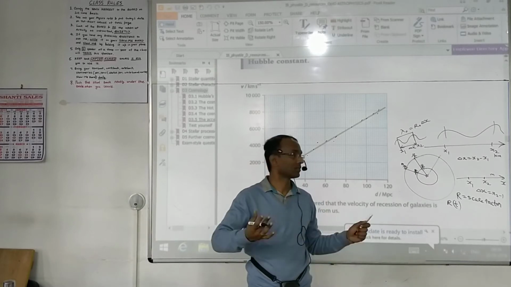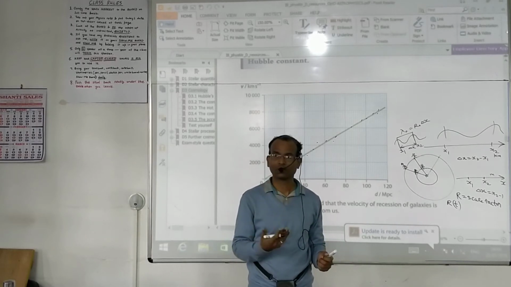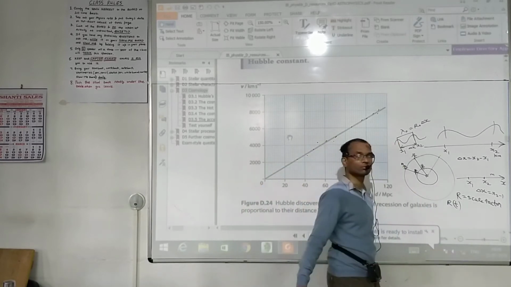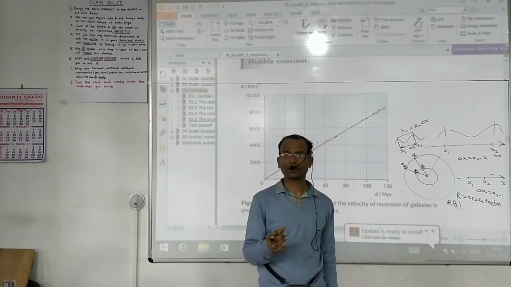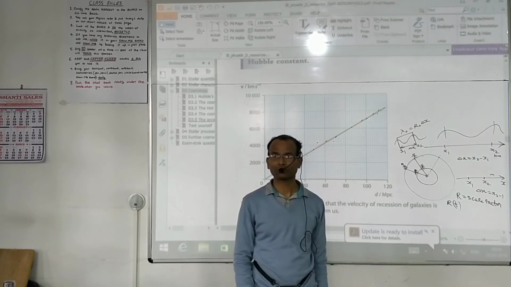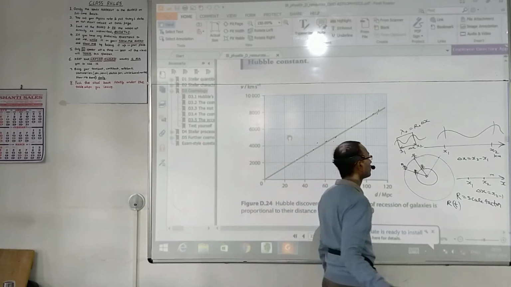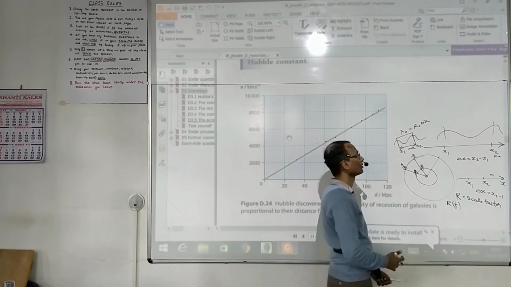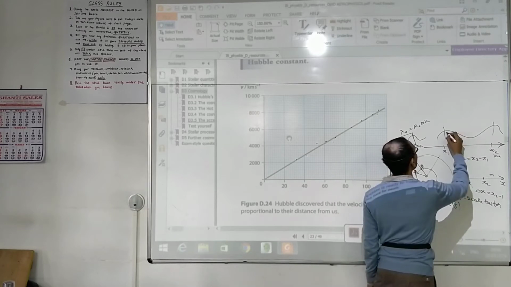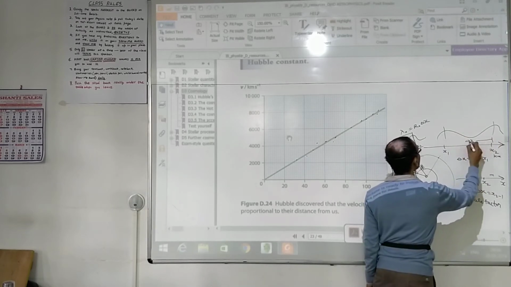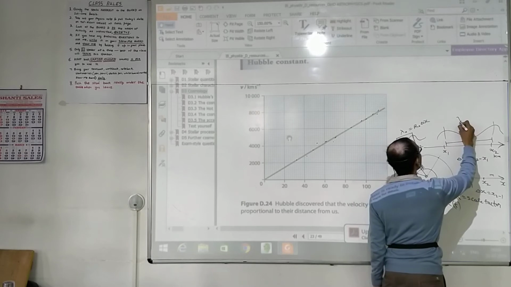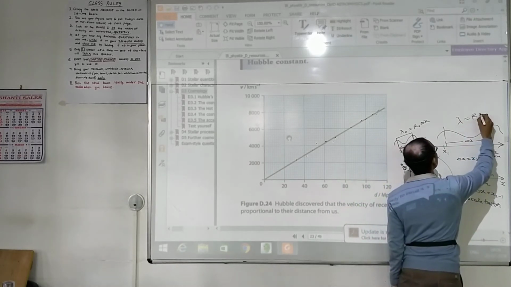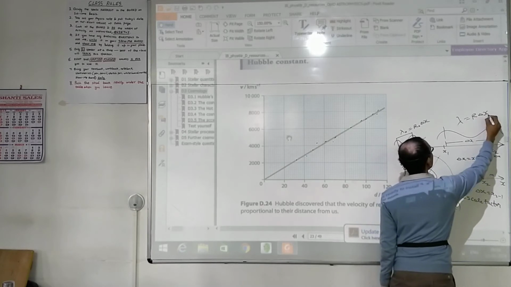So even though space stretches and amplitude apparently increases, it doesn't denote anything. Energy is carried by the frequency, and the frequency will decrease, so the energy content decreases. So delta x will remain the same, but the new wavelength, we'll call it lambda, will be the new scale factor times delta x.